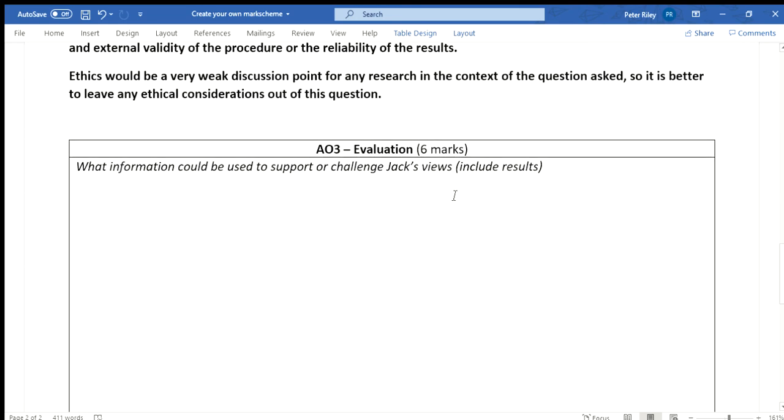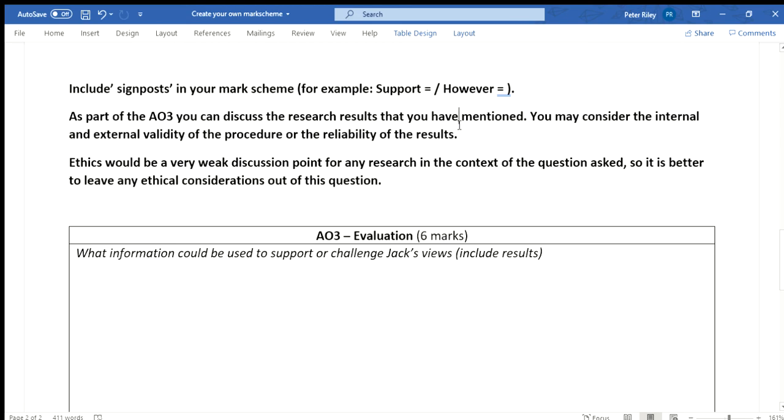However, as part of the evaluation, you could make it clear that the examiner could award marks for any discussion about the research that is being used to support or challenge Jack and Sarah's views in the context of internal or external validity of the procedure or the reliability of the results.